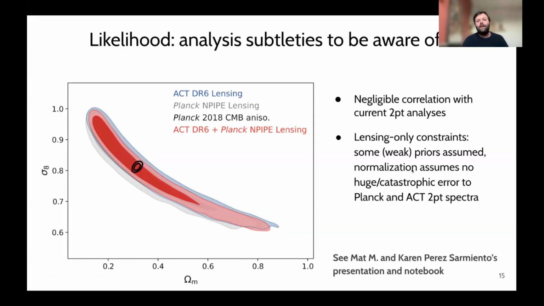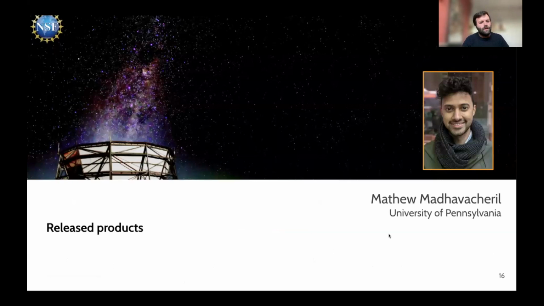A good thing is that there are negligible correlations of our lensing band powers with the current 2-point analyses. In the future, this may change. Subtleties to do with the likelihood will be discussed in more detail by Matt Madhavacheril and Karen Perez Sarmiento in later parts of this webinar. And on that note, let me hand over to Matt Madhavacheril, who will discuss in more detail our released products.